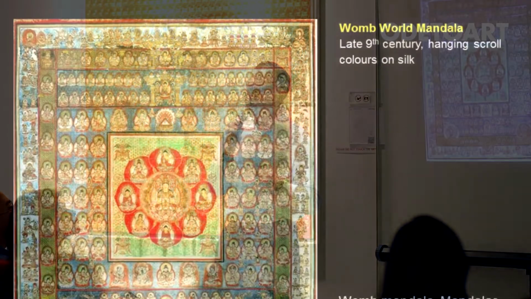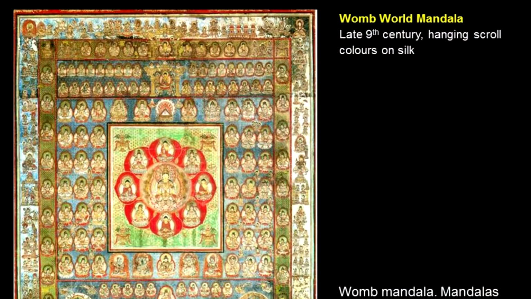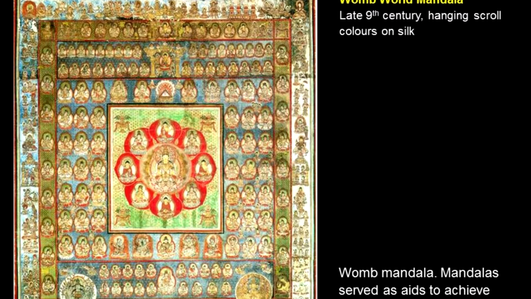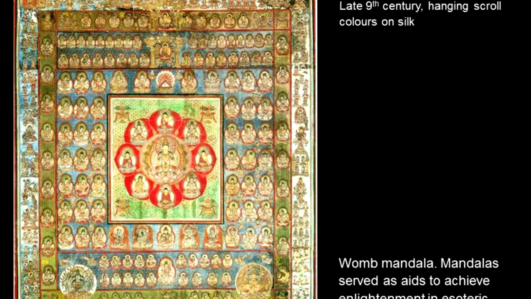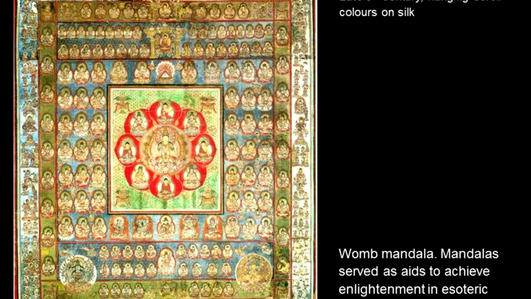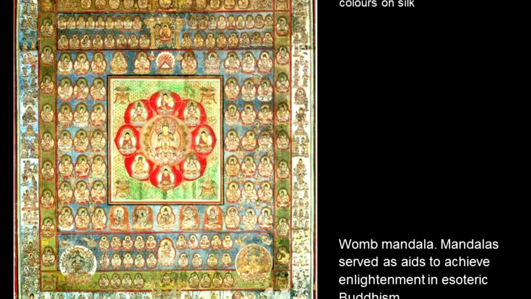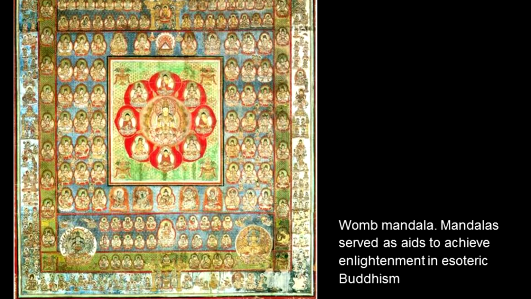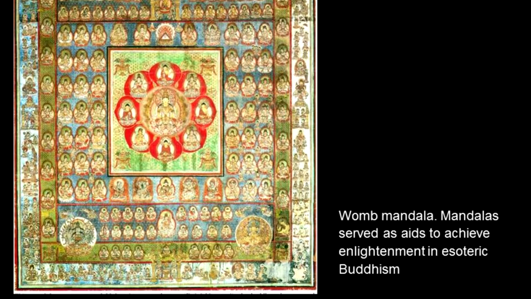Now, also due to the influence of Mahayana Buddhism, you have the appearance of what is known as the mandala. The mandala is especially used in this particular branch of Buddhism called esoteric Buddhism. Now this particular mandala, I believe, is from Japan.